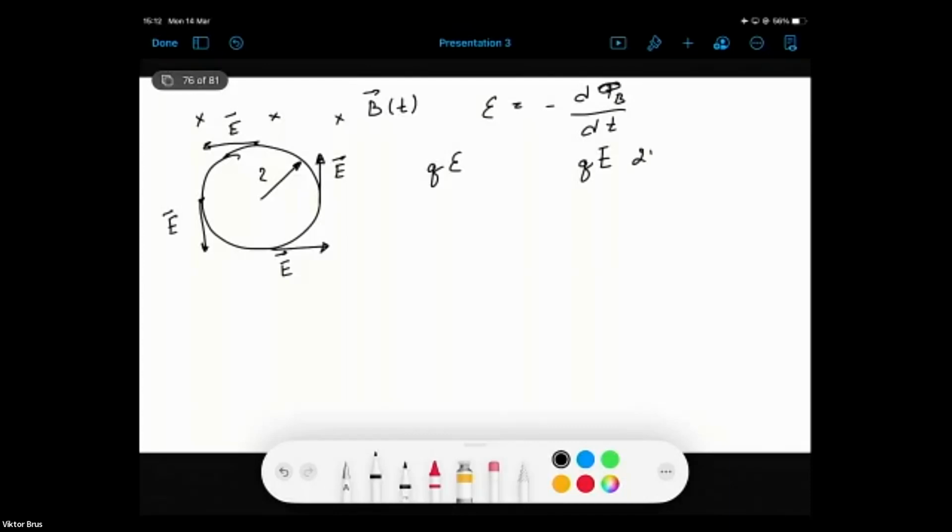So it will be 2 pi times R. So that is equal: on one side we have electromotive force, on the other side the product of induced electric field and circumference of the circular conducting loop. And we can express induced electric field E as induced electromotive force divided by 2 pi R.